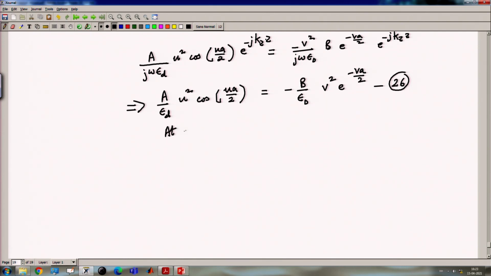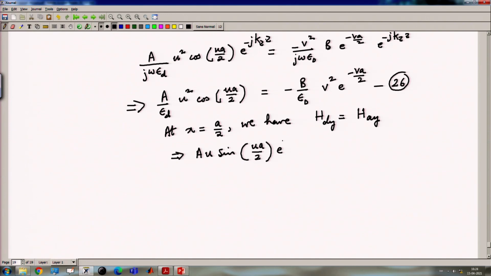So, at x equal to a by 2, we have H d y equal to H a y, which implies a u sin u a by 2 e to the power minus j k z z is equal to b v e to the power minus v a by 2 e to the power minus j k z z.